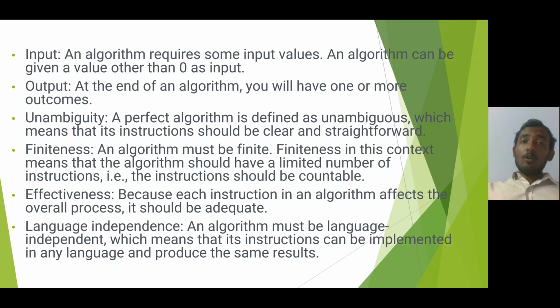Even a small instruction may take more time and make the program slow. Finiteness and unambiguity, straightforwardness. A perfect algorithm is defined as unambiguous, which means that its instructions should be clear and straightforward.